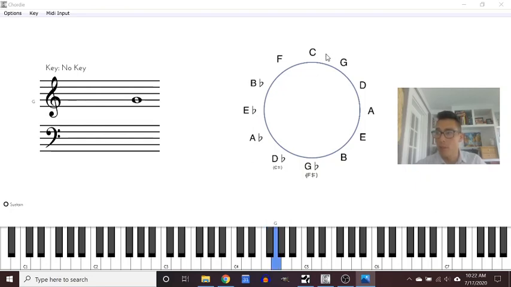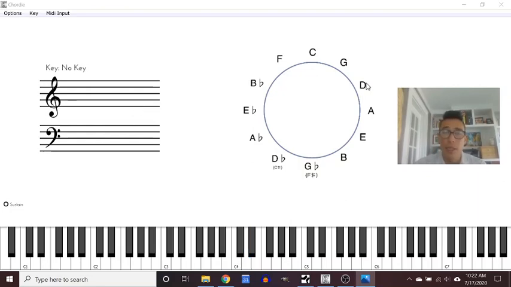And when we go from C to G to D, 0, 1 sharp, D will have 2 sharps. In this case, it's F sharp and C sharp.